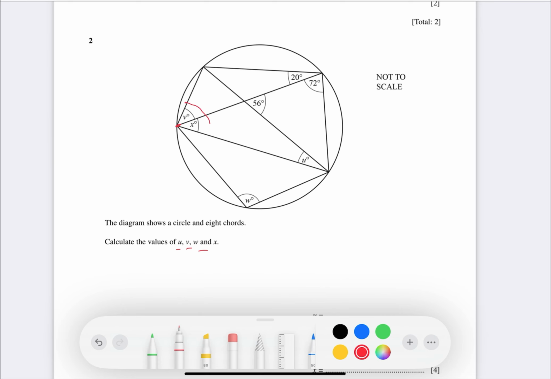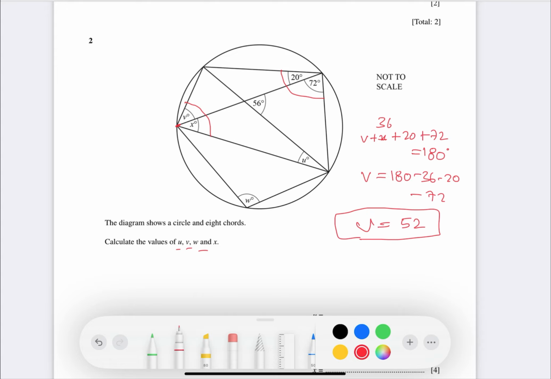So this angle and this angle will sum up to 180. So v plus x plus 20 plus 72 equals 180 degrees. X value you already know, that was 36, correct? So v equals 180 minus 36 minus 20 minus 72, that is 52. So we got v as well.